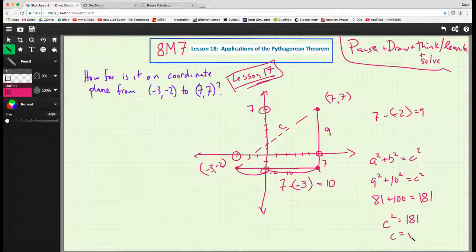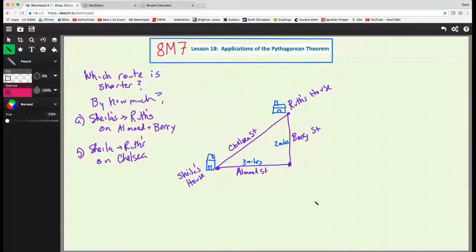So C equals the square root of 181. And that is a prime number. It cannot be divided by 3, 5, 2, 7, 11. Nope. There we go. There's our answer. That's nice and simplified.